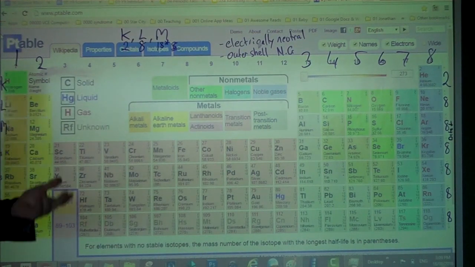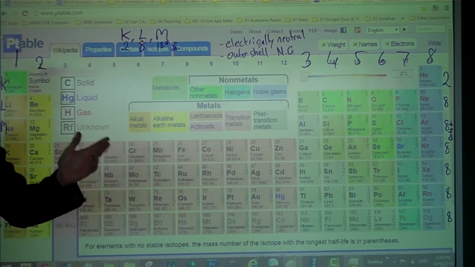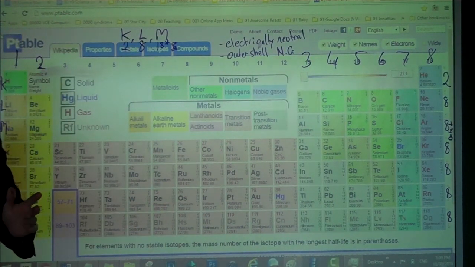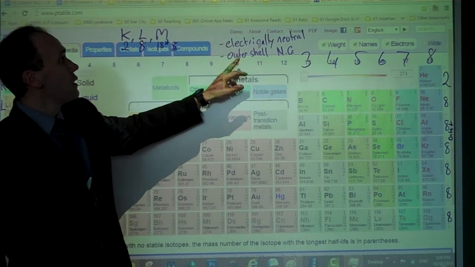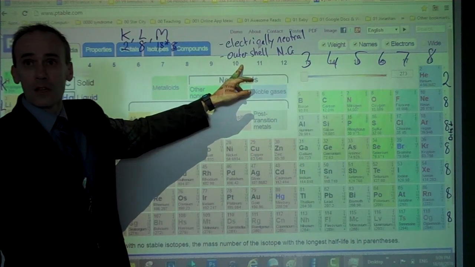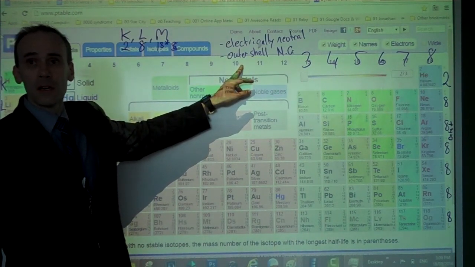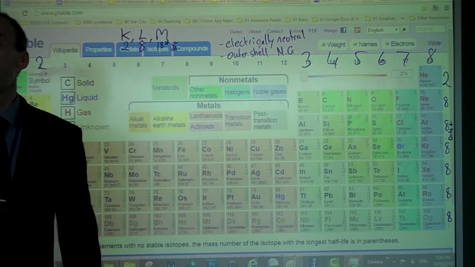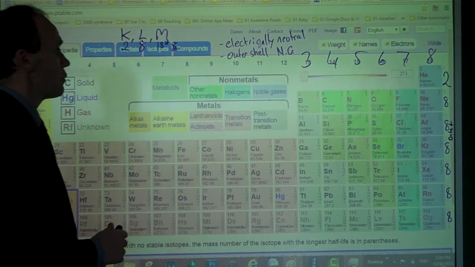Lithium, atomic number 3, number of electrons 3, electrically neutral. Beryllium, atomic number 4, 4 protons, 4 electrons, electrically neutral. So in all cases, electrically neutral, but they don't have an outer shell like a noble gas. So they're only halfway to achieving their particular goal. And that's why ions form.